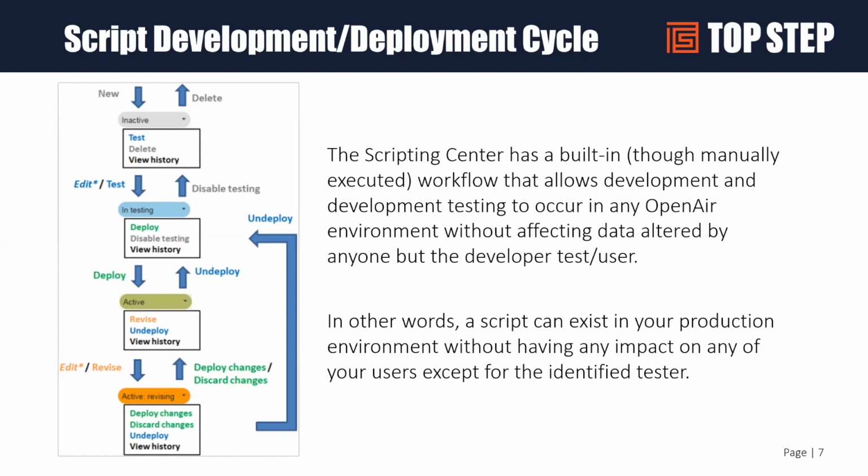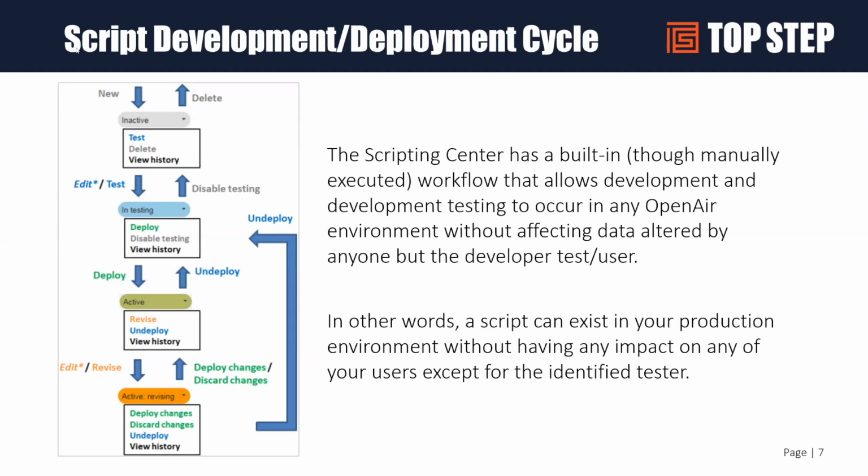So when you walk through the process and begin developing a script and get into the test function, which is the first step as shown here, that test will only be run as the test user. So you can start developing the scripts in the production environment without having any impact on any other user except for the identified test user.